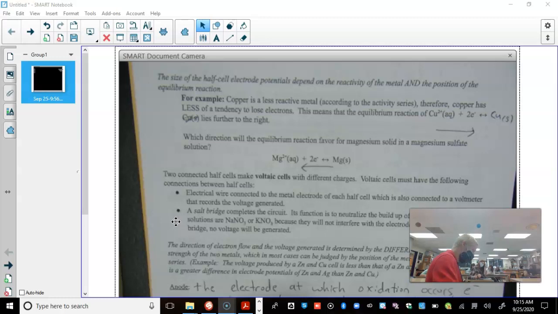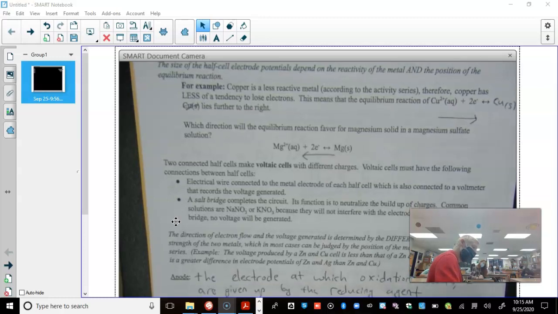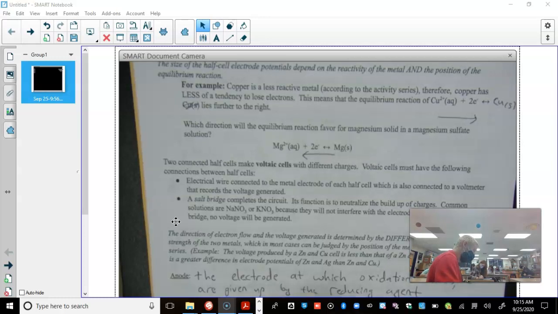And then the cathode is the electrode at which, what do you think, reduction occurs. Electrons enter the cell. And CPR is the mnemonic device.